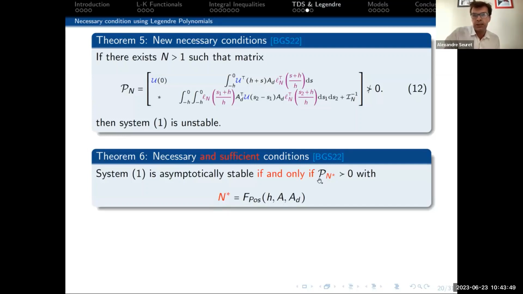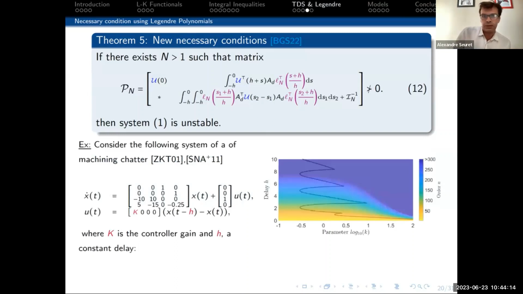Okay, so the process is the following: you compute the n based on this formulation. As I said, this number also depends on W1, W2, W3. So you have this expression and you check the positivity of this matrix. If it is positive, it is stable. If it's not positive, it is unstable.